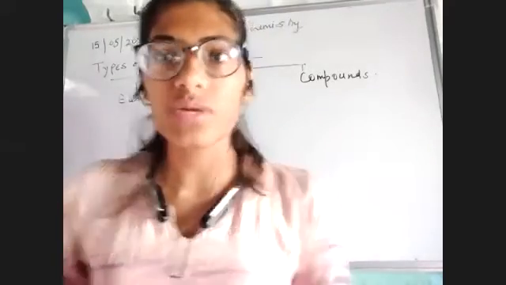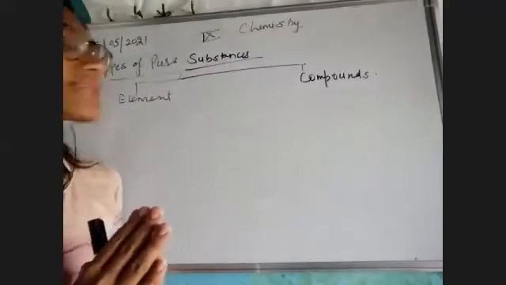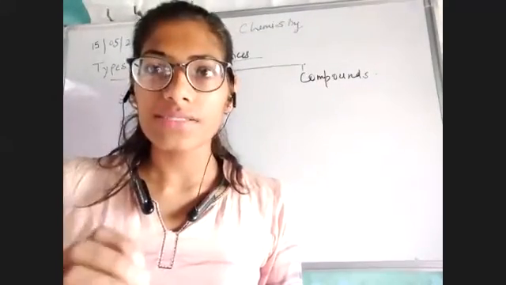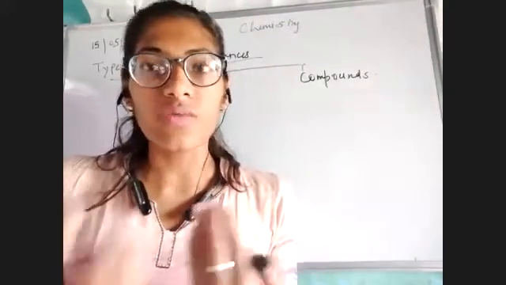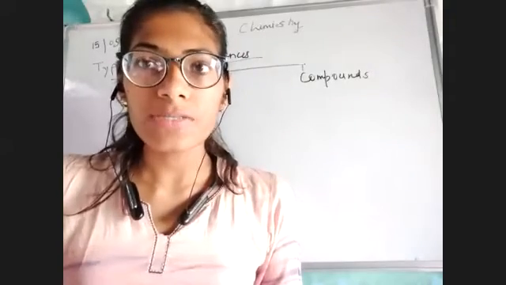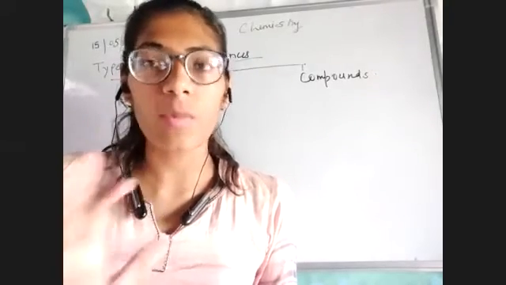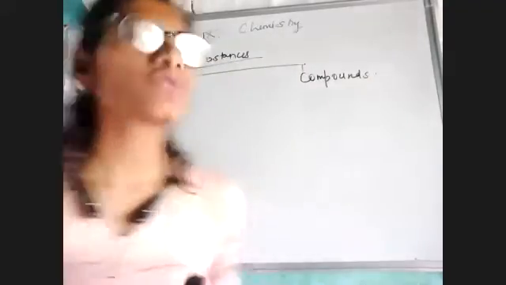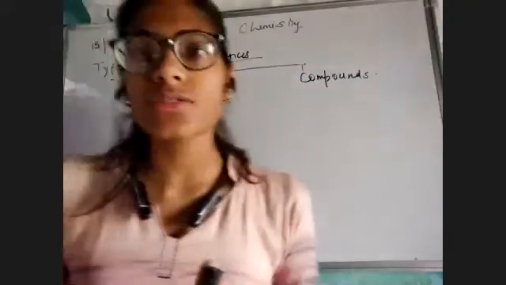We are left with only the last topic, that is known as the types of pure substances. Pure substance was actually the first topic of this chapter. It has two different types. The first one is known as element, whereas the second one is known as compounds.